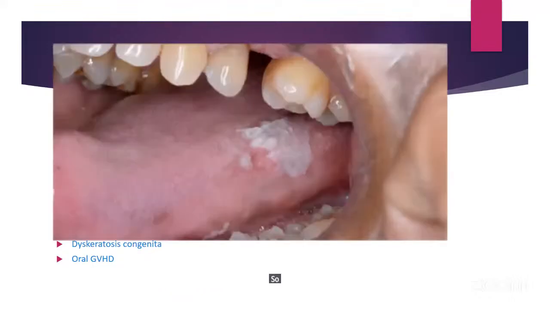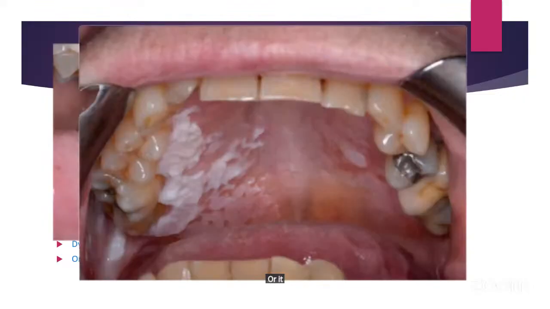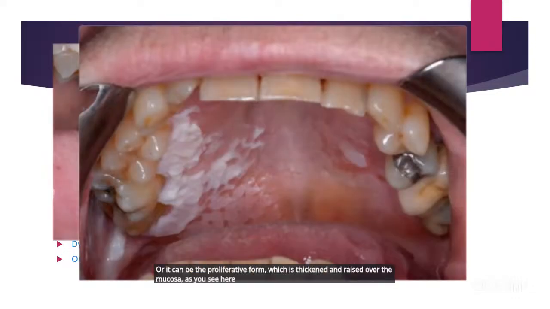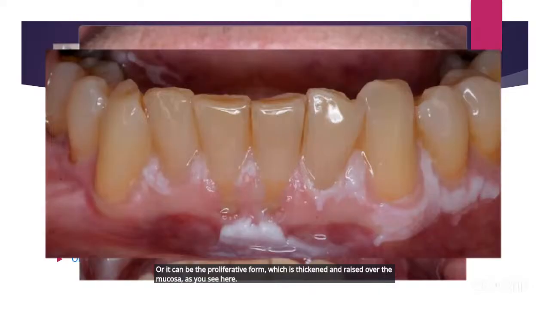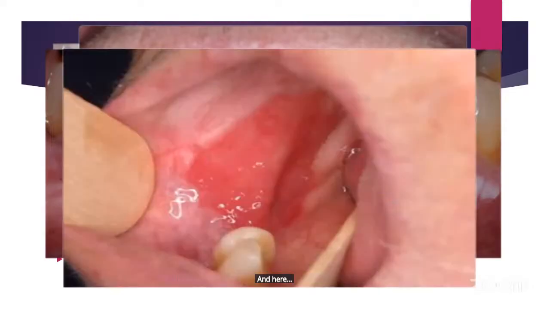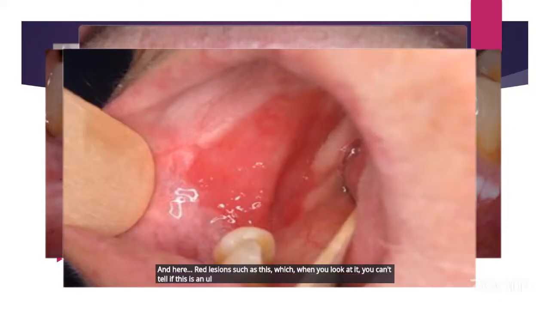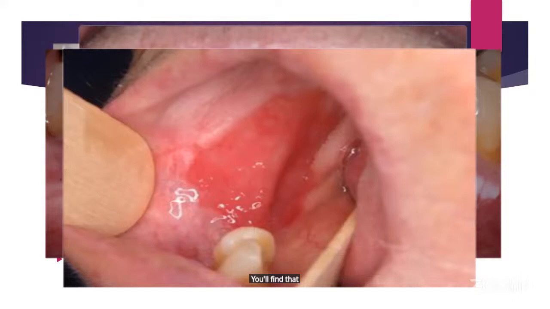So a white leukoplakia can look like this, or it can be the proliferative form, which is thickened and raised over the mucosa, as you see here and here. Red lesions such as this, when you look at it, you can't tell if this is an ulcer or just a red patch, but if you feel with your finger on palpation, you'll find that there is mucosa intact.